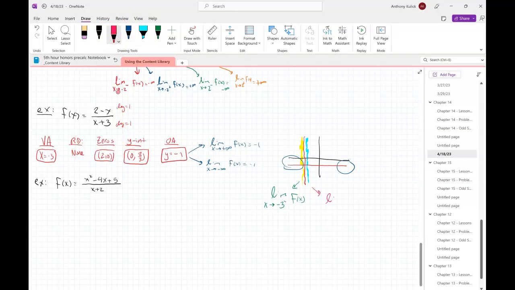And then the blue is the limit as x approaches -3 from the right. So the exponent there, the minus and the plus, is for left is negative, right is positive, because on the number line, the smaller things are on the left, the bigger things are on the right.